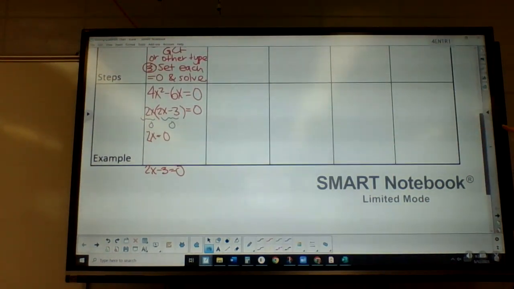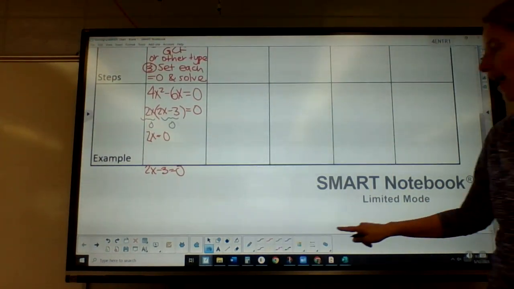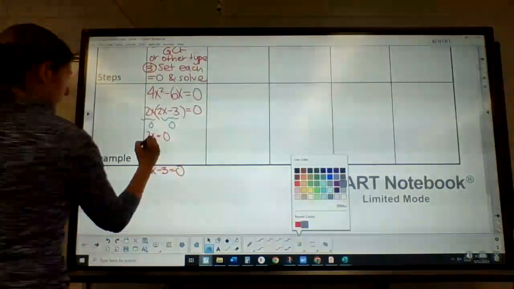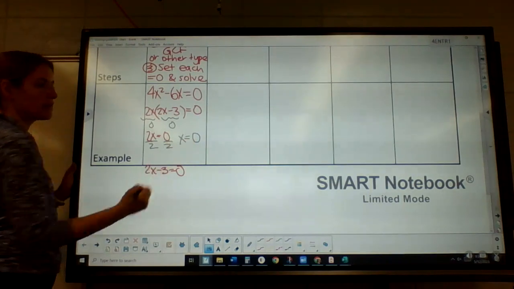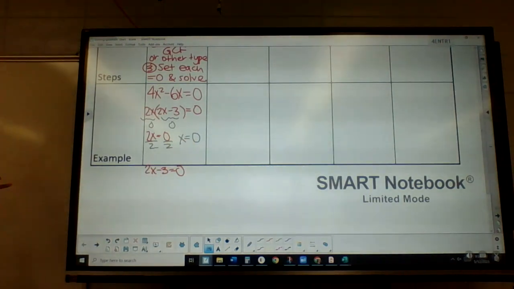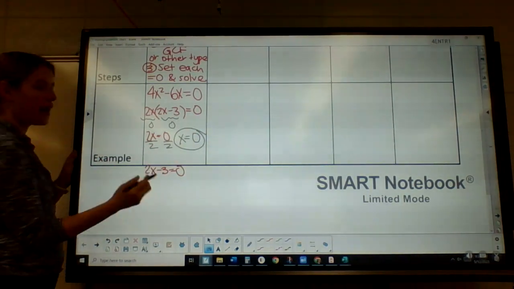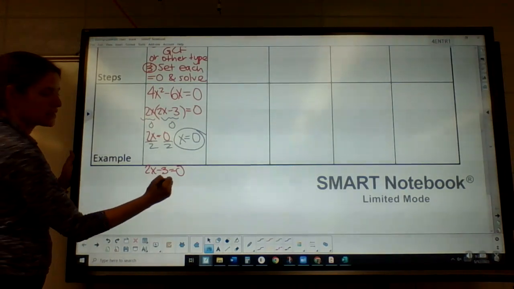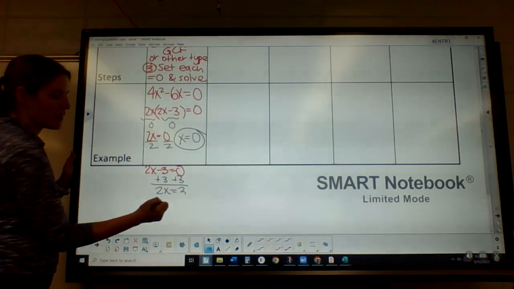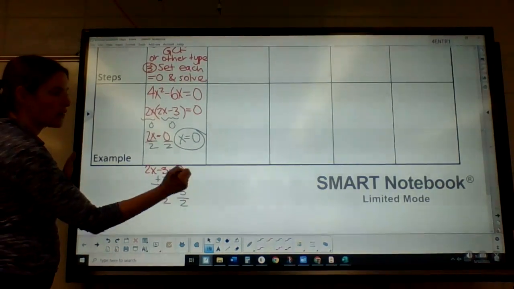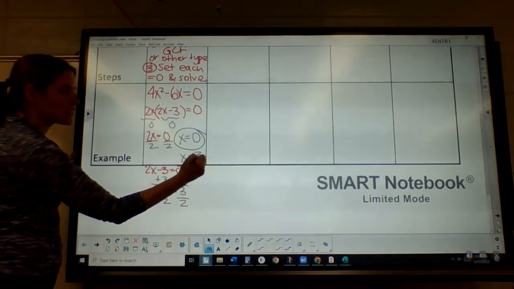For the first equation, we divide each side by 2. 0 divided by 2 is just 0, so that's one of my answers. For my other answer, I move the 3 over, and then I divide by 2. So I get 3 halves as my other answer.